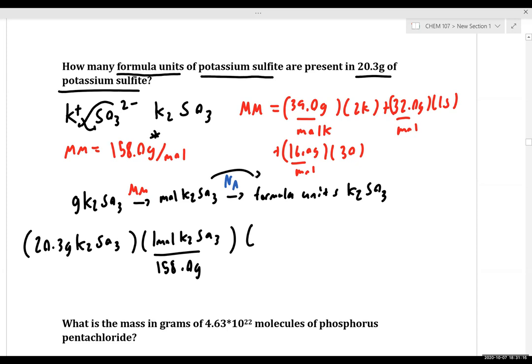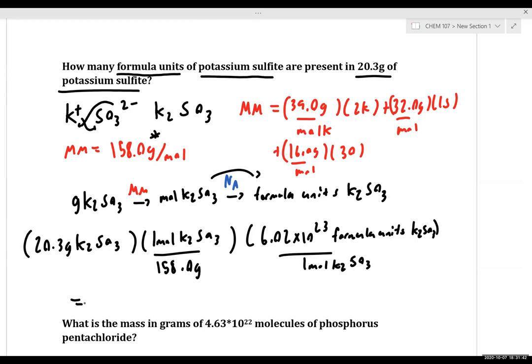To go from moles to formula units, we know that we have 6.02 times 10 to the 23rd formula units of potassium sulfite in 1 mole of potassium sulfite. That in turn gives us 7.73 times 10 to the 22nd formula units of potassium sulfite.